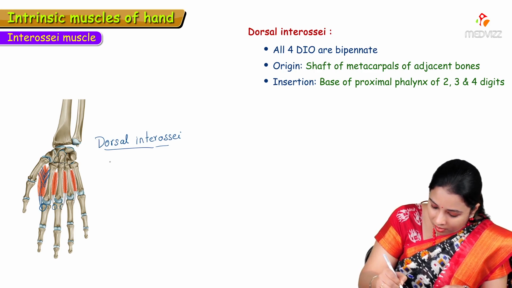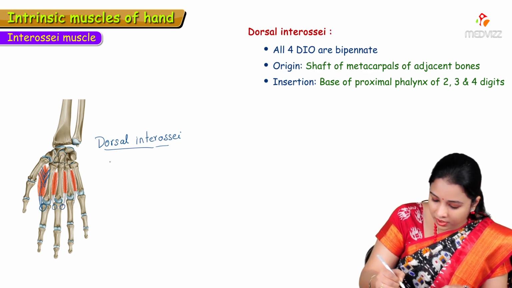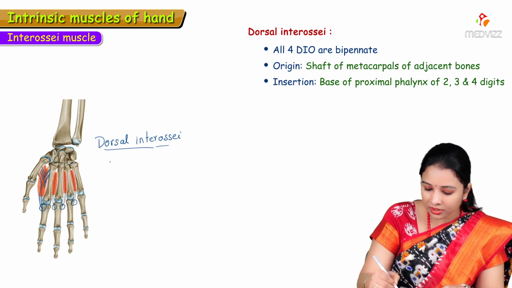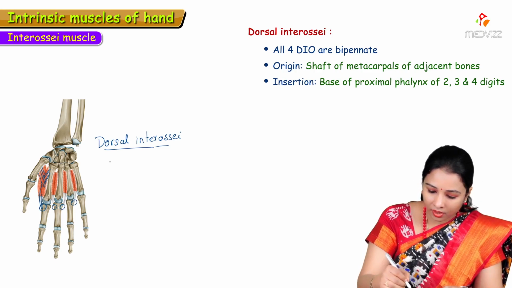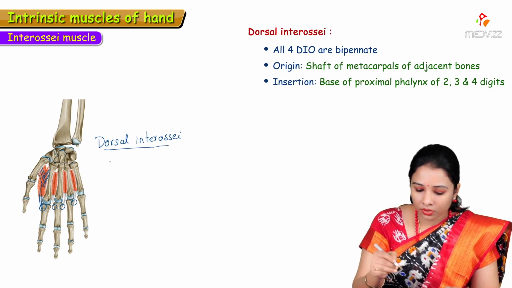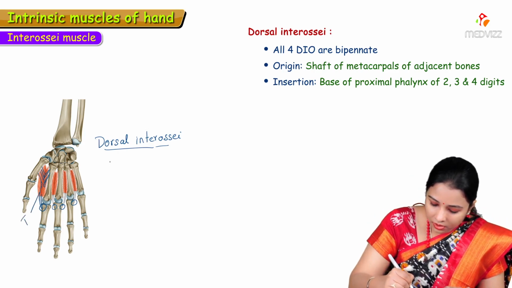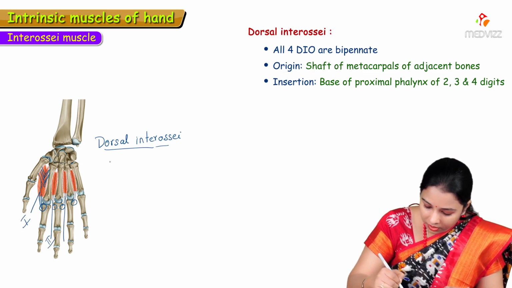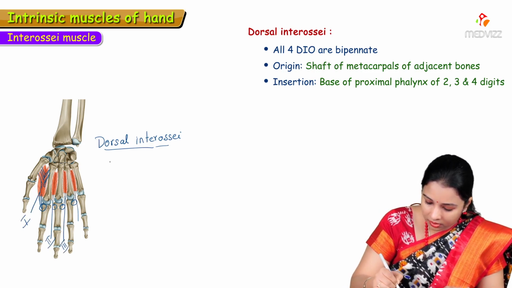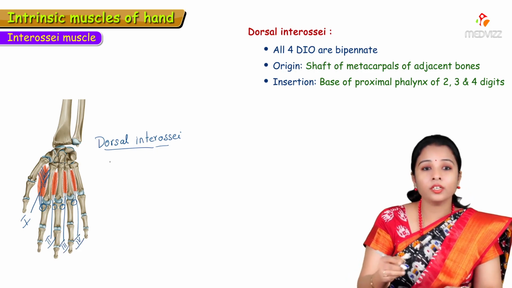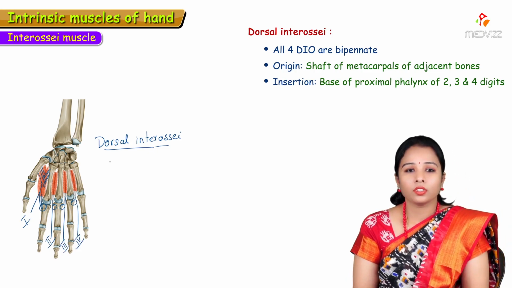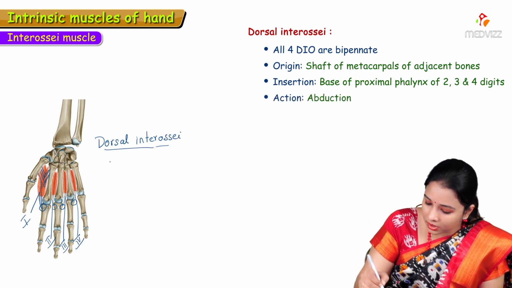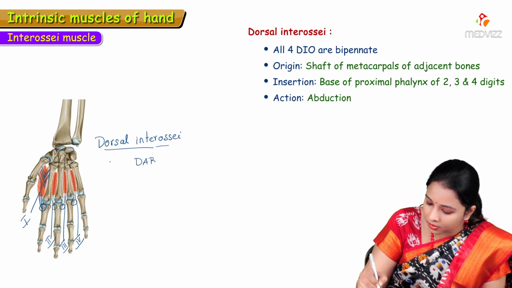But for the middle one, we see both sides get attachment, whereas the little finger doesn't have any insertion, and not for the thumb also. So this is the first dorsal interossei, this is second, in between this is third, and this is the fourth dorsal interossei muscle. Not only do they help in abduction, DAB means abduction.